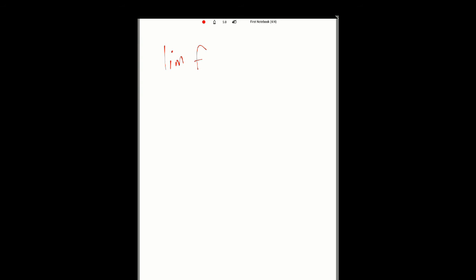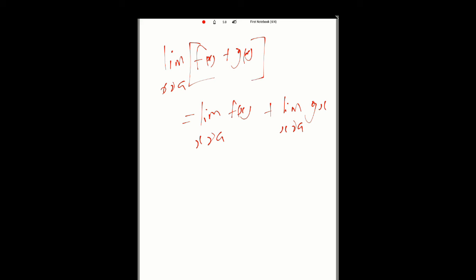Let's look at another property. The limit of the sum of two functions, f of x and g of x, as x approaches a, would be equal to the limit of f of x as x approaches a plus the limit of g of x as x approaches a. In other words, we're saying that the limit of the sum is the sum of the limits.